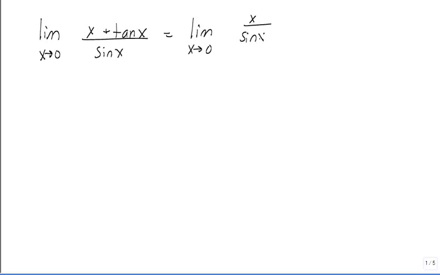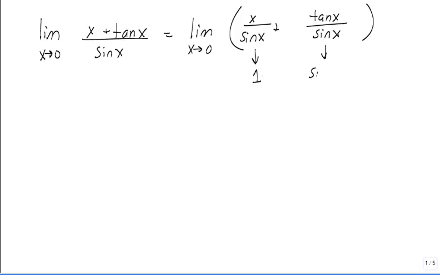Okay, one more. Okay, you should be able to see this. I do the x over sine x. I'm breaking it apart. And then I have tangent x over sine x. Well, that goes to 1.